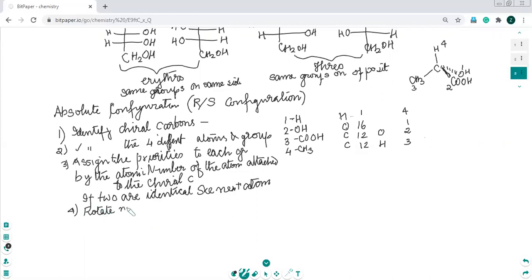Just rotate the molecule so that the least priority group is away from the observer.